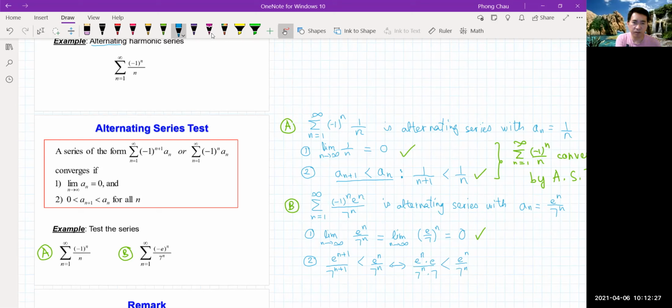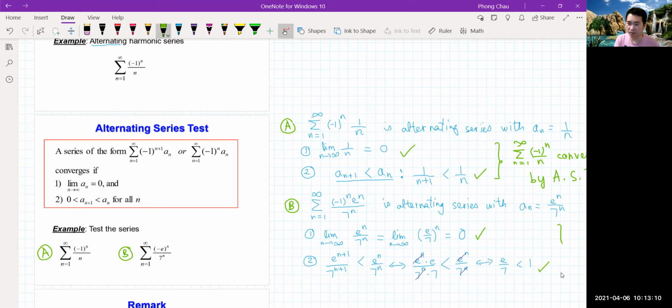Now, you can think of canceling if you want, or maybe multiply both sides by the reciprocal of these fractions. So this one got canceled, that one got canceled. So what do you have left? You have 1 on the right, and therefore this is equivalent to e over 7 less than 1. After canceling everything, e over 7 less than 1, is that true? Yes, because that fraction is smaller than 1. So I verified that.